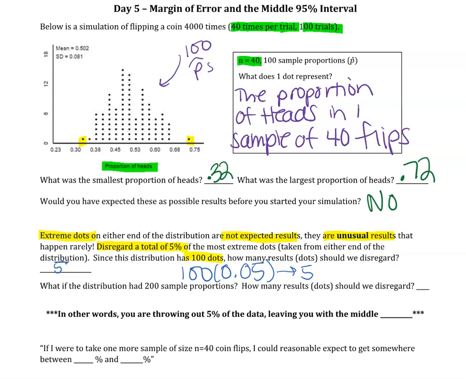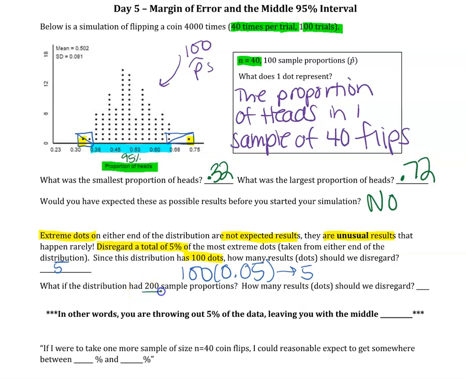So we're just throwing out our unusual results. I can nicely throw out these 2, and I'm going to throw out these 3. And that leaves me with my middle 95%. Everything I just highlighted in blue there is representing your middle 95%, which is the stuff that's likely to happen.